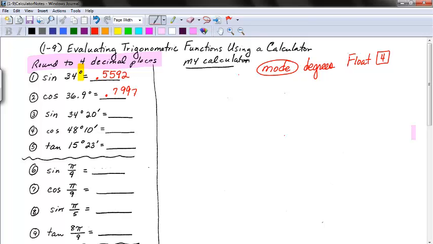Now we're going to degrees, minutes, and seconds. So do sine of 34 degrees, 20 minutes. Do sine of 34, and my degrees is under second function angle.